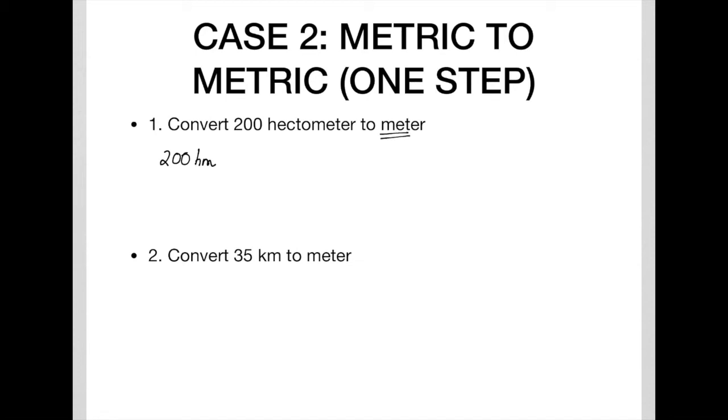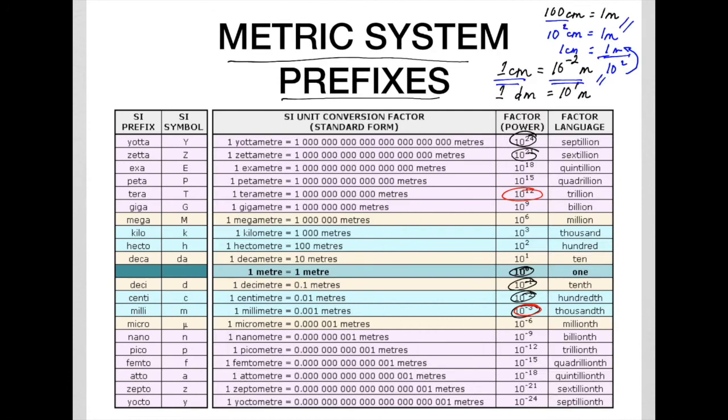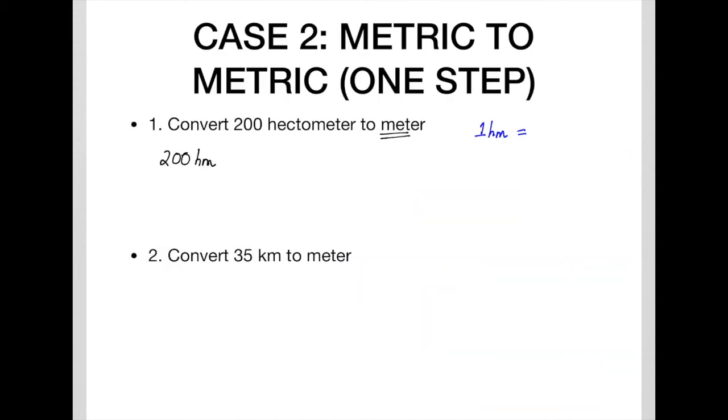Now, based on my definition, I will look for my dimension. For every 1 hectometer, let me check, hecto is 10 raised to 2, and therefore 1 hectometer is 10 raised to 2 meter.